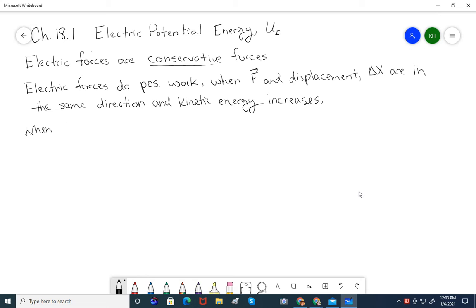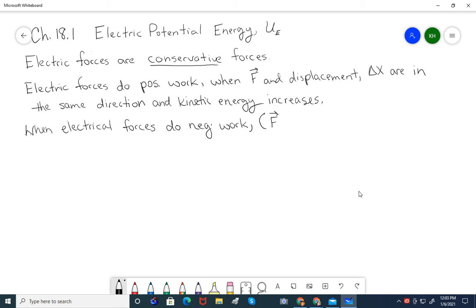When electrical forces do negative work, what's that mean?